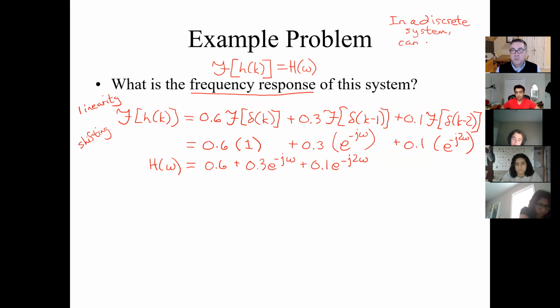So in a discrete system, we can really only have omega between 0 and pi as unique. Okay.